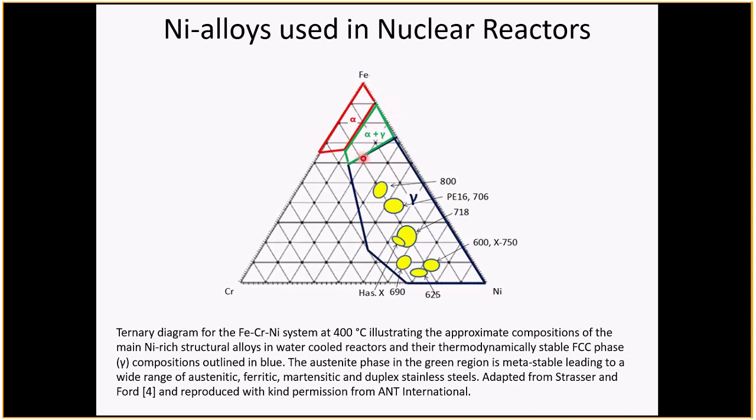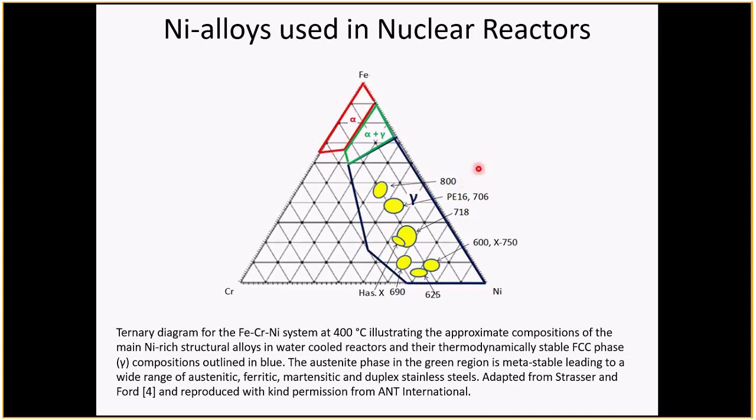There are these intermediate phases which are a mixture of alpha and gamma, but typically when people are talking about steels, if the nickel composition is less than 28%, if we're in this region here, the material is often referred to as a steel, whereas if it's greater than 28%, it's referred to as a nickel alloy.